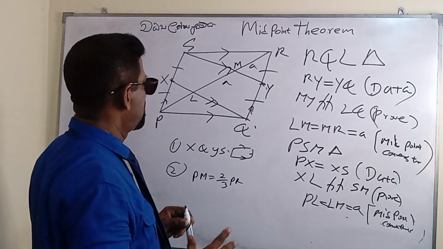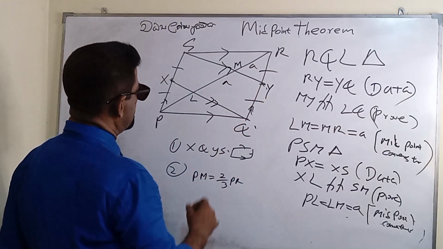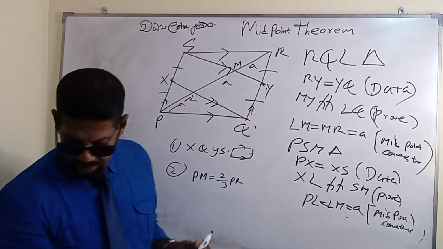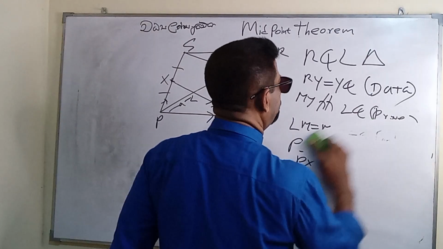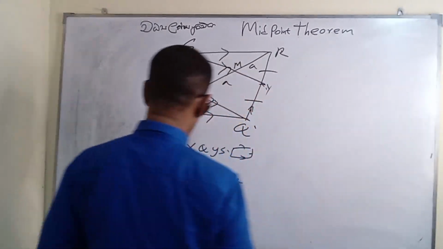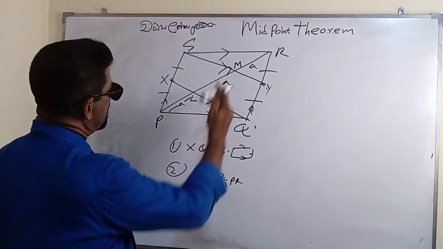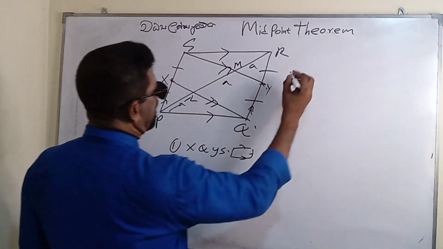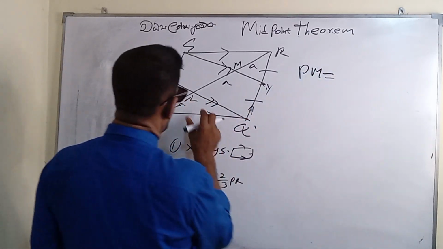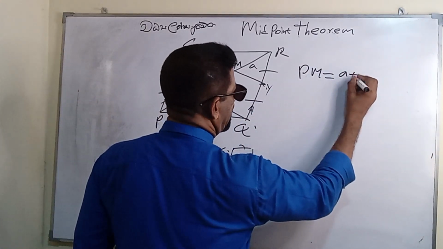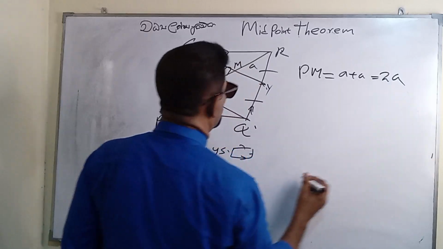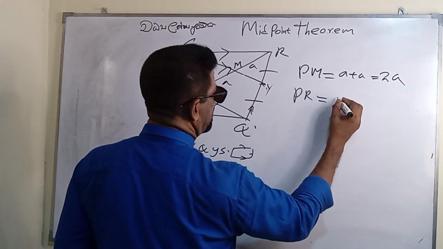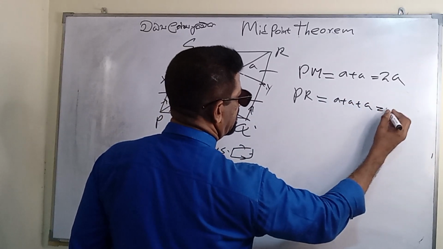So we are proving that PM equals 2/3 PR. This is the method. We know that by the converse theorem each part is A. Now we can write PM equals A plus A, which is 2A. And PR is A plus A plus A, which is 3A.